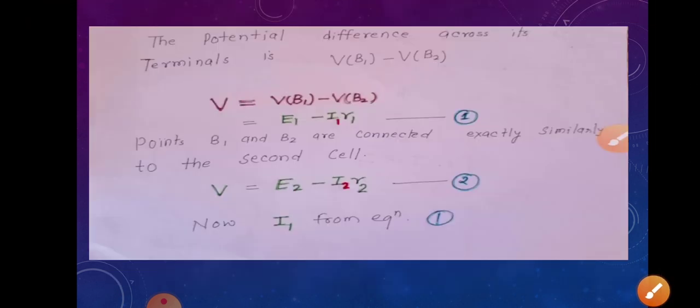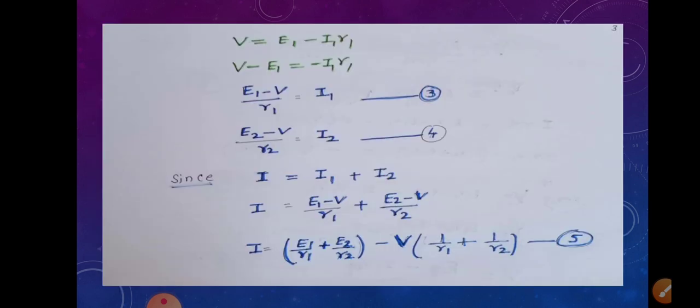So V equals E1 minus I1R1, and for the second cell V equals E2 minus I2R2. From equation 1 and equation 2, we can calculate I1.